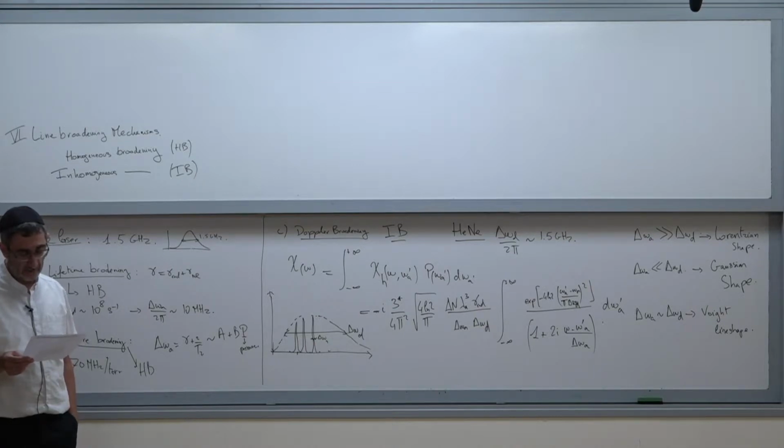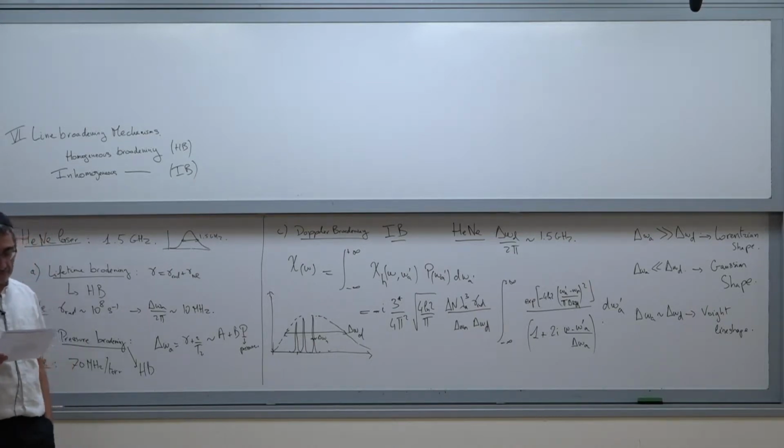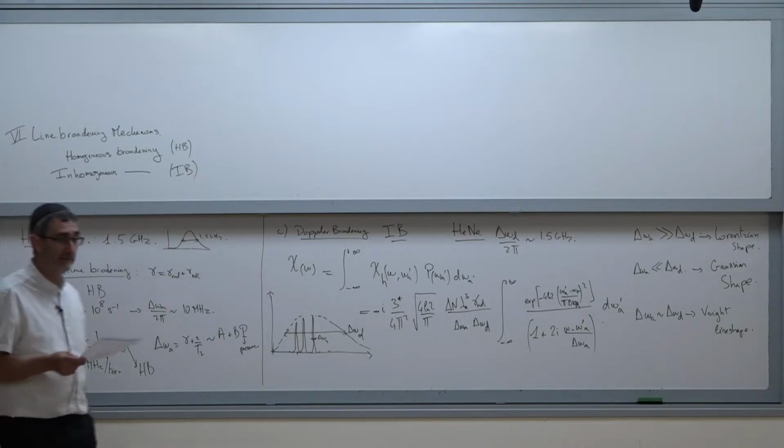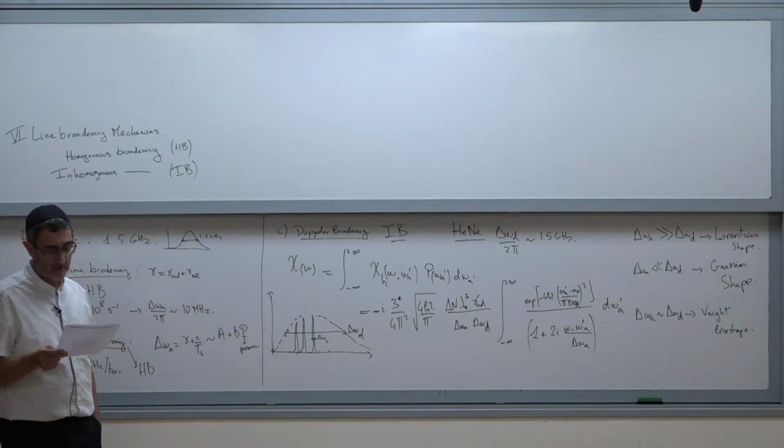And the gas lasers, you have the HeNe laser, the argon laser, which is inhomogeneous. But for instance, the CO2 laser, which is also a gas laser, is a homogeneously broadened laser. For liquids like rhodamine, what we call dye lasers, usually they are homogeneous broadening.